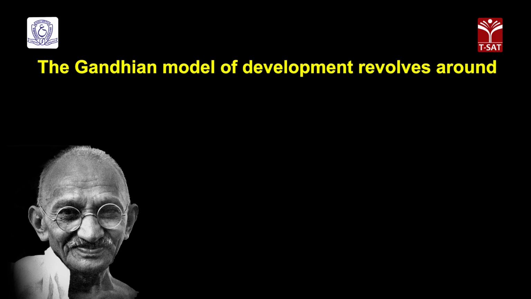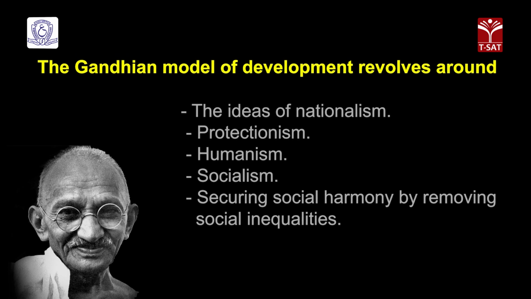The Gandhian model of development revolves around ideas of nationalism, protectionism, humanism, socialism and securing social harmony by removing social inequalities. To be more specific, the Gandhian model of development had two priorities which distinguished it from other models of development.